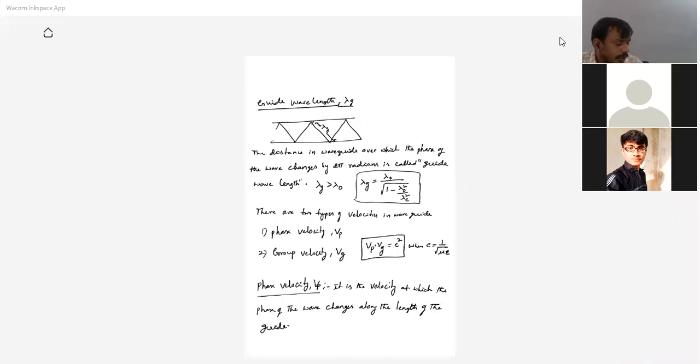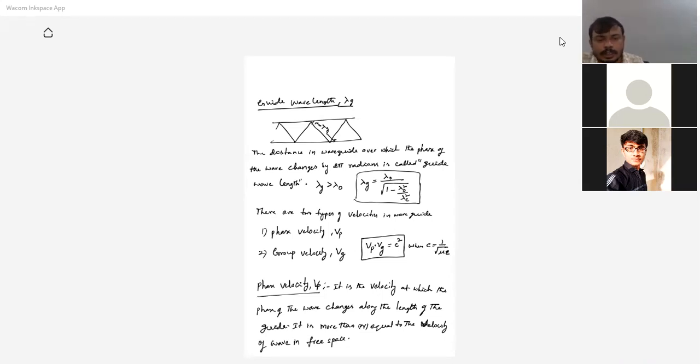It is more than or equal to the velocity of wave in free space.